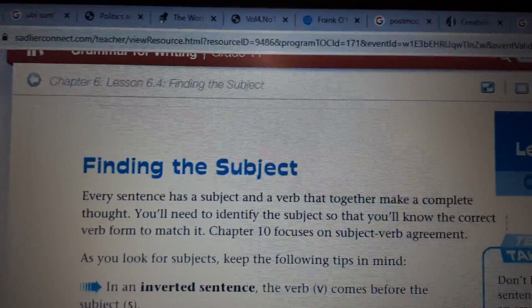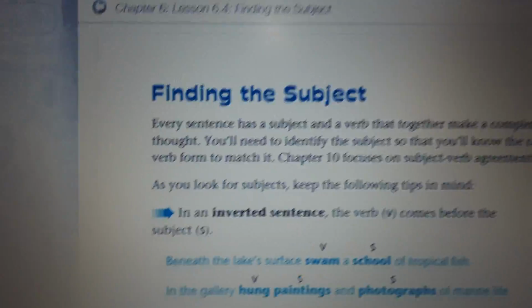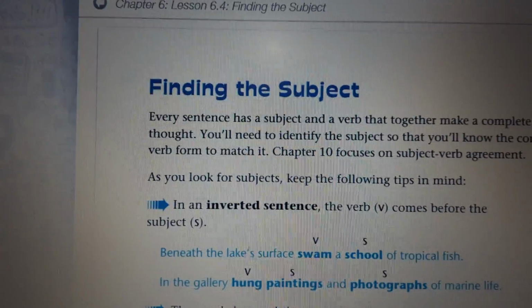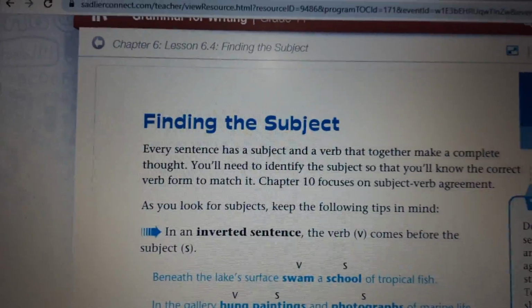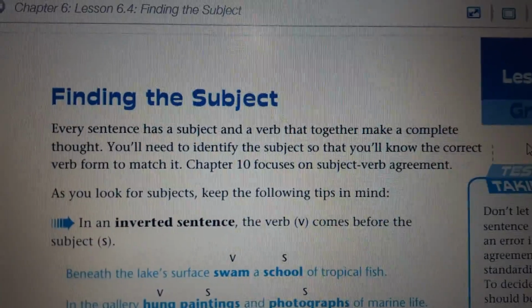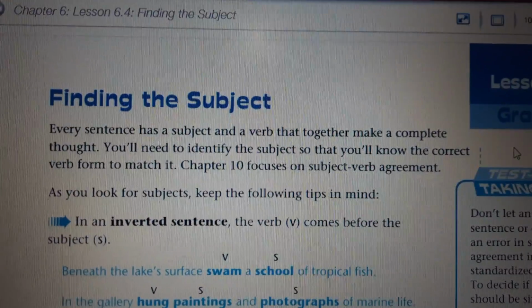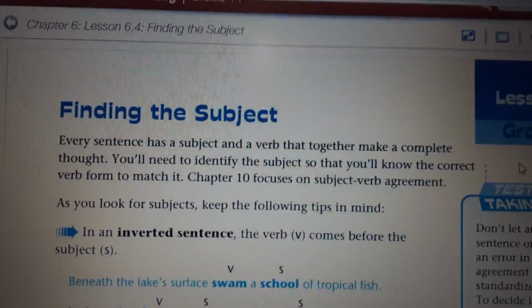Sometimes we have kind of tricks. You're going to learn that from this lesson. So first of all, finding the subject, let's read the first paragraph and learn more about this one. So here, every sentence has a subject and a verb that together make a complete thought.